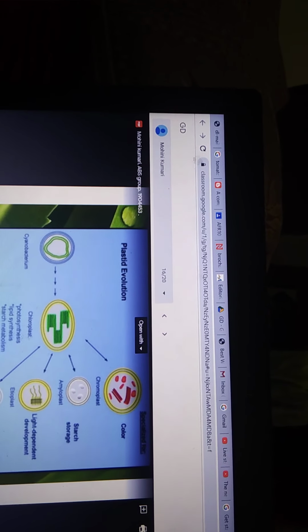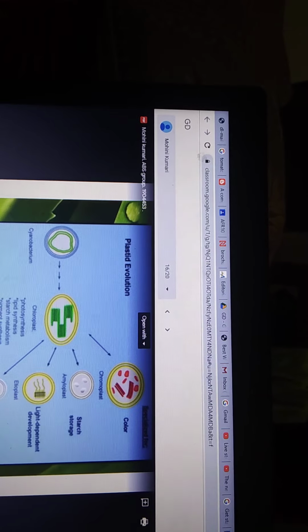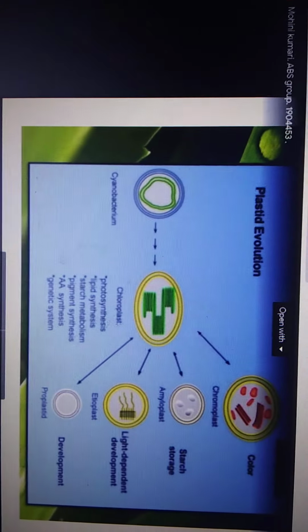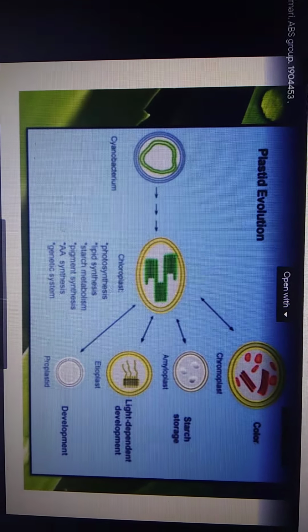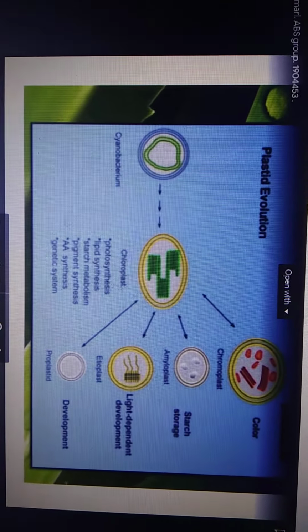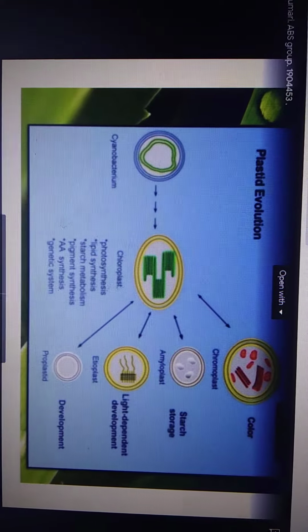Now you see that there are other types of plastids also. The cells which give rise to chloroplast are called proplastid.